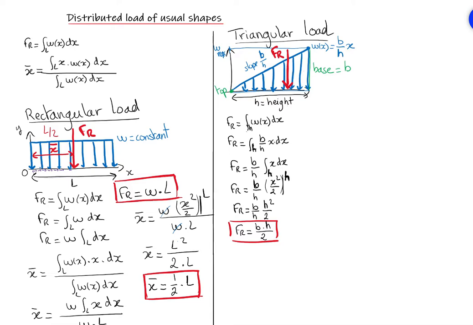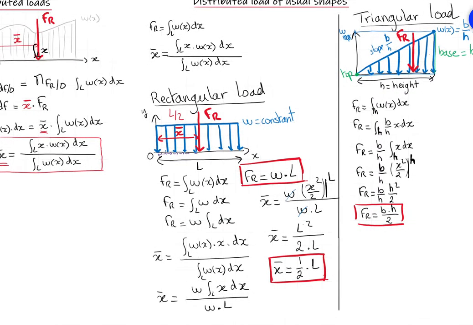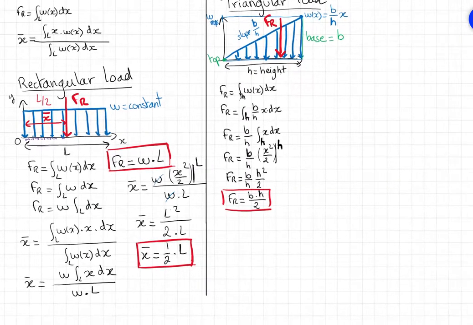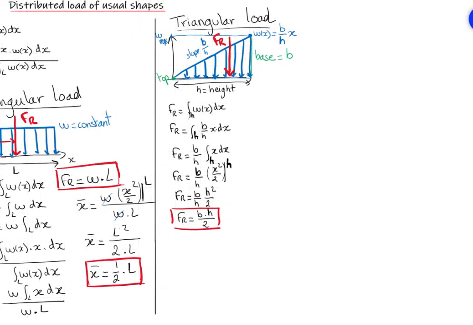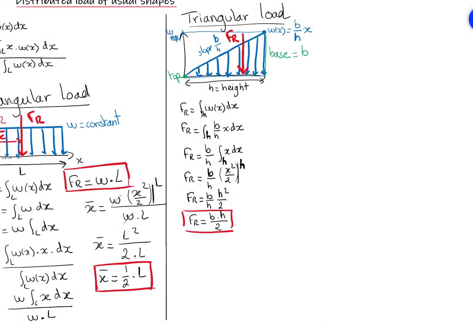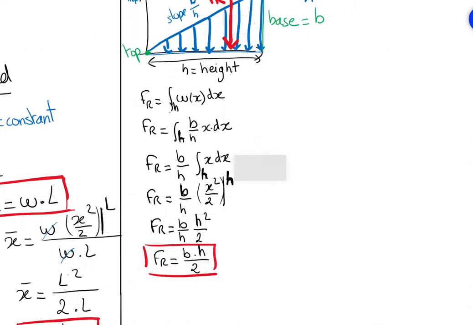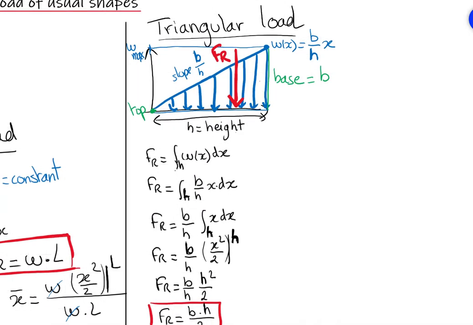We will say that the sum of the moment. Oh, no, we don't have to do that. We can just use this x bar formula again. What is the formula for x bar? We proved it already.